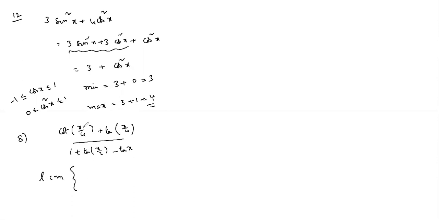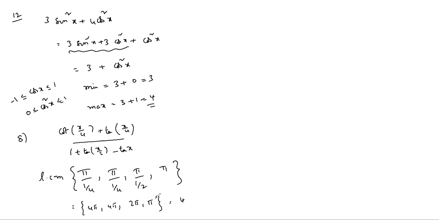Cot and tan have the same period, so the periods are 4 pi, 4 pi, 2 pi, and pi. What is the LCM of 4 pi, 4 pi, 2 pi, pi? 4 pi is the answer.